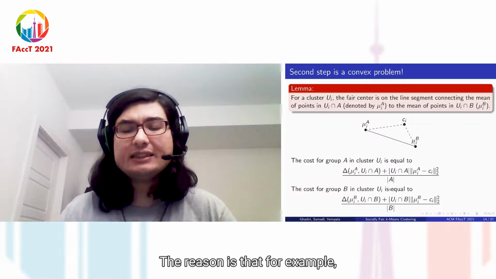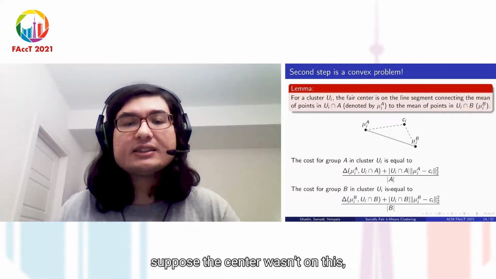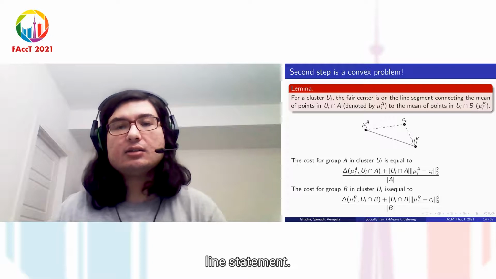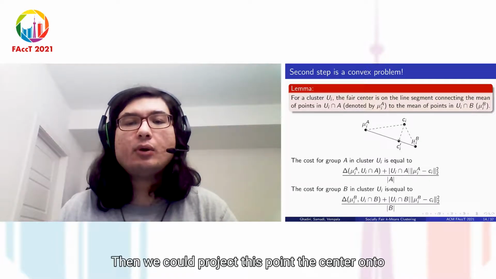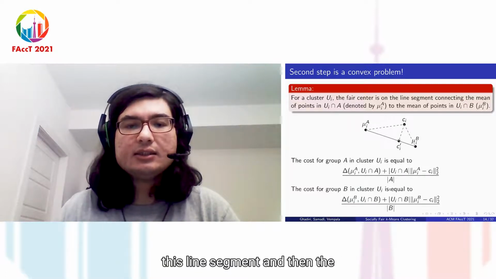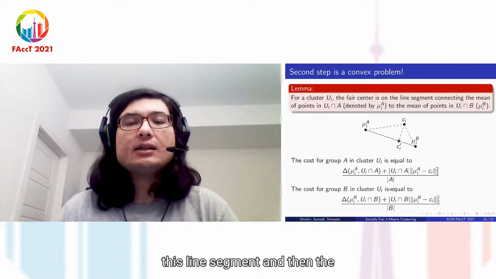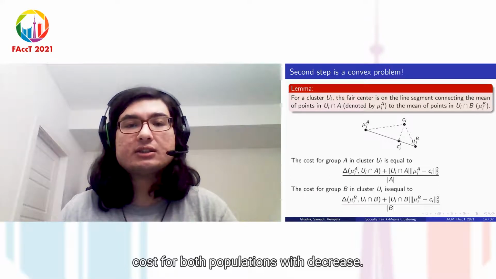The reason is that, for example, suppose the center wasn't on this line segment. Then we could project this center onto this line segment, and then the cost for both populations would decrease.